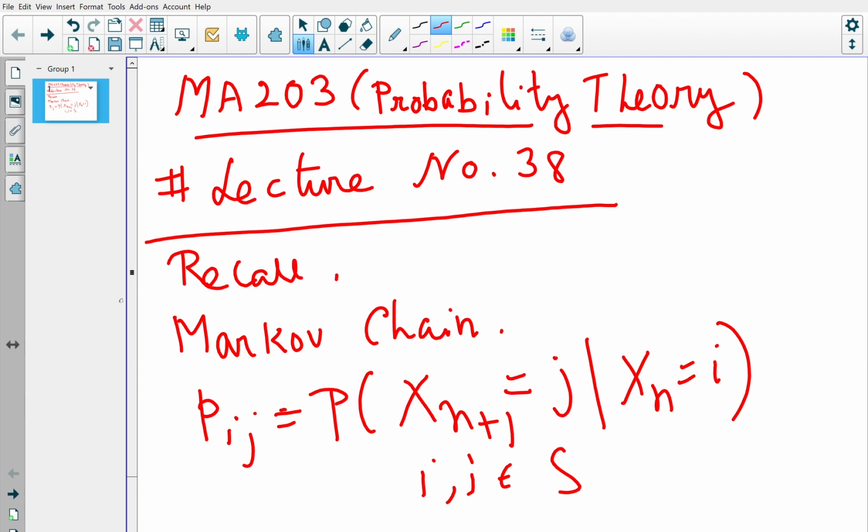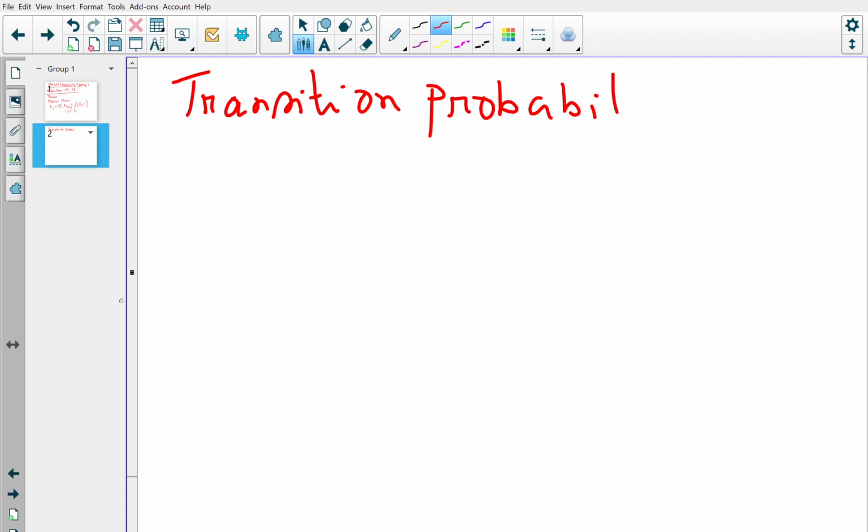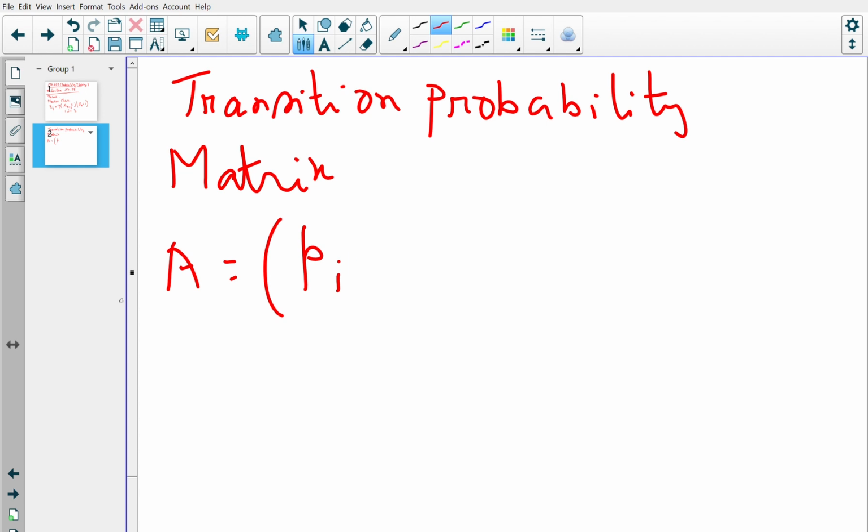Then we define the transition probability matrix, say A. This is the matrix whose (i, j) entry is nothing but Pij.